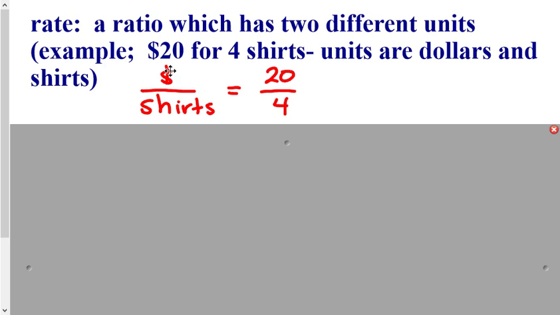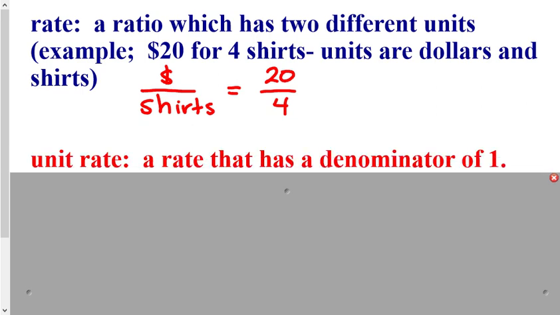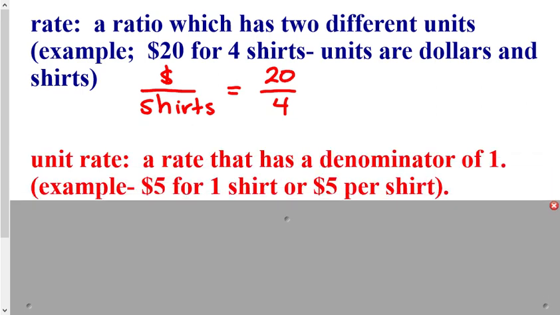Now we could take it a little bit further and talk about a unit rate. A unit rate is a rate that has a denominator of 1. So, for example, I could take the rate of $20 for 4 shirts and simplify that to a rate of $5 for 1 shirt, or $5 per shirt.